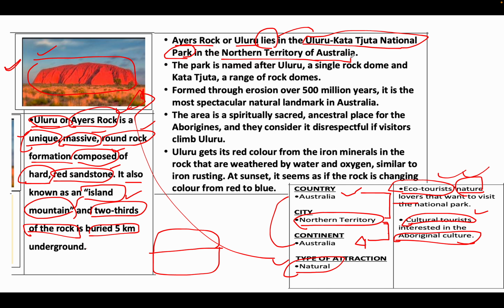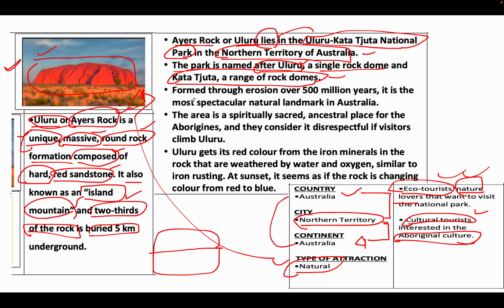The Uluru-Kata Tjuta National Park is named after Uluru. So this national park is named after this rock, Uluru. It's a single rock dome, and Kata Tjuta is a range of rocks, like a different range of rocks.